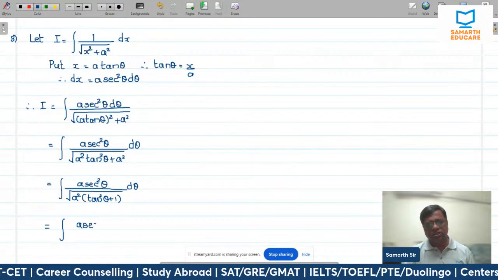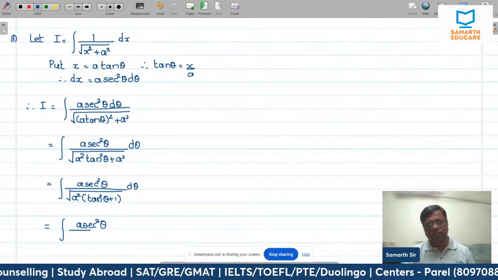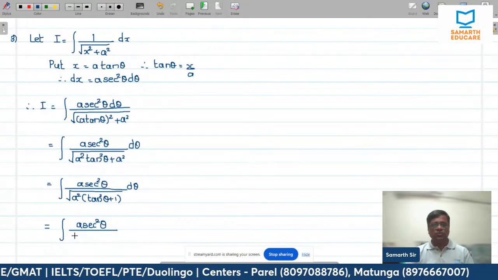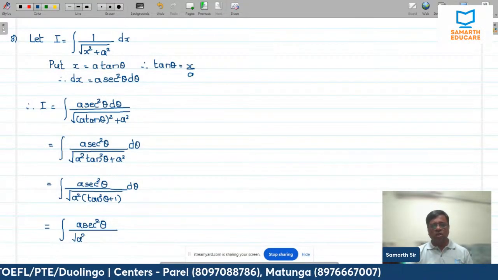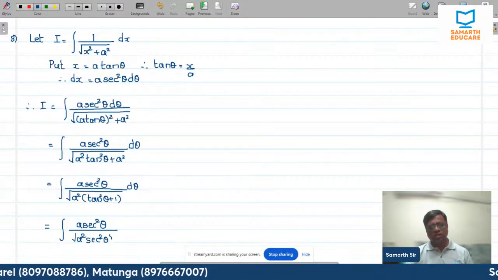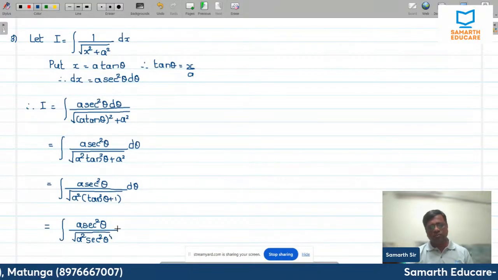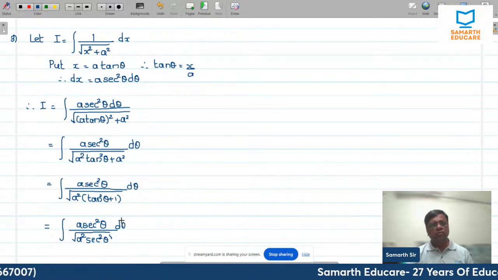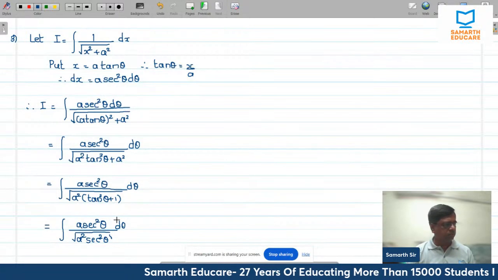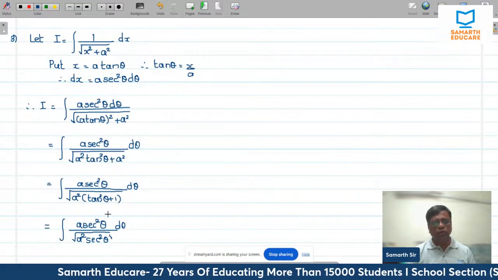Now that is equal to a sec square theta divided by, as we all know, 1 plus tan square theta is sec square theta. So this becomes 1 upon root of a square sec square theta under root. Correct?